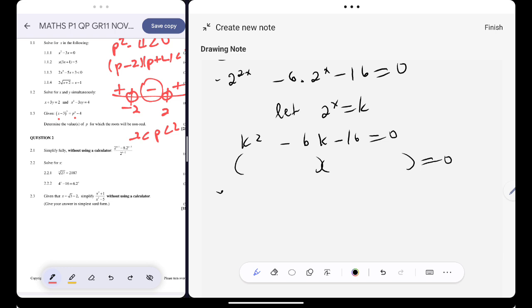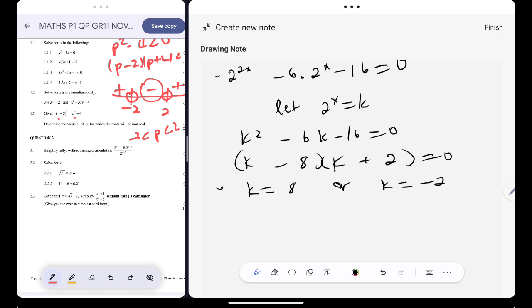The factors of 16, that when I subtract will give me 6, rather. That's 8 and 2. Minus and plus, then k is 8, or k is a negative 2. Since I was not solving for k, it was just a tool to help me, I'll simply say 2 to the x is equal to 8.